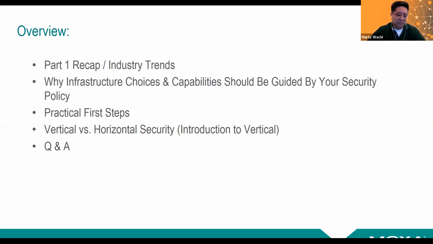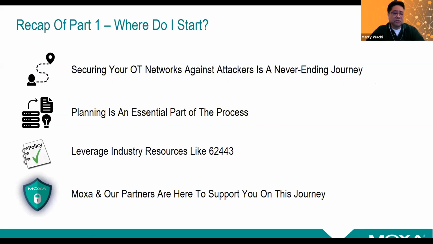Rich will share some practical first steps, and then we'll summarize what we covered here with an introduction to how it fits into vertical security and how we can frame that and contrast it with horizontal security, which will be a primary focus of the last session, and then we'll do some Q&A.